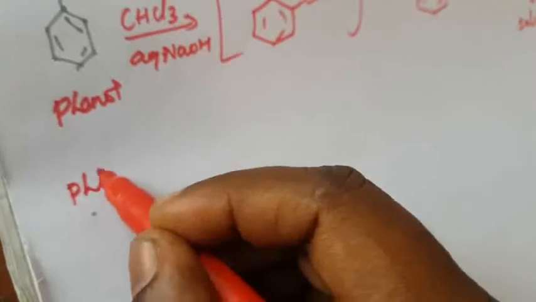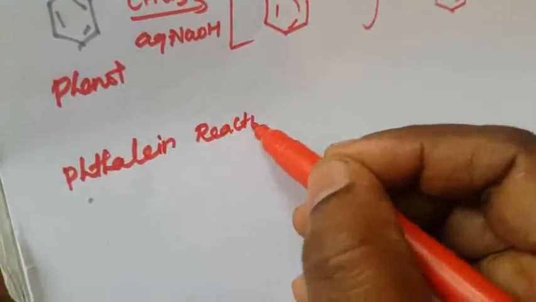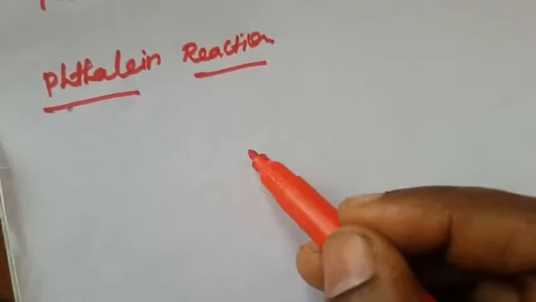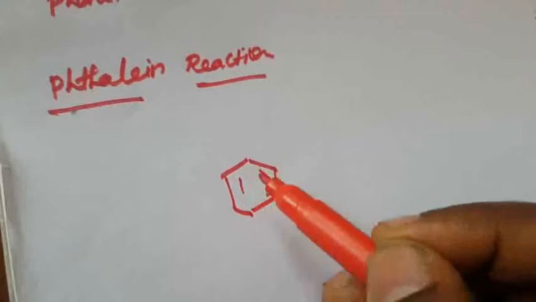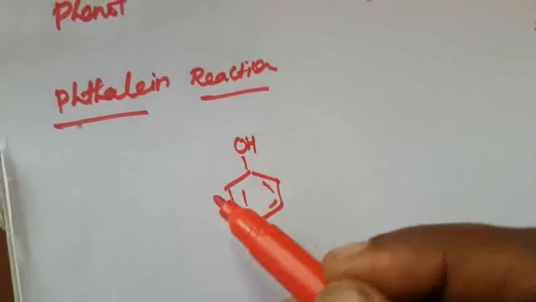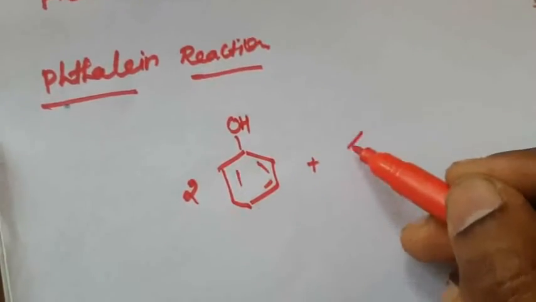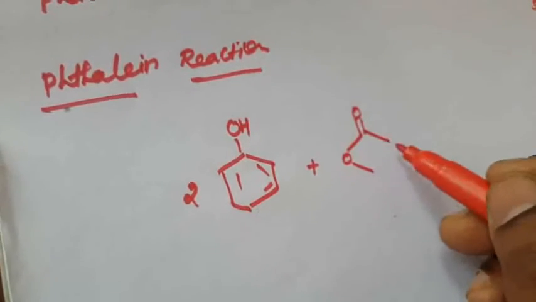What is meant by the Thalein reaction? The Thalein reaction is a very important equation. All the naming reactions are very important. First one is phenol. Okay, so phenol when reacting with phthalic anhydride. How to write the structure? First one is oxygen, that is the anhydride compound.